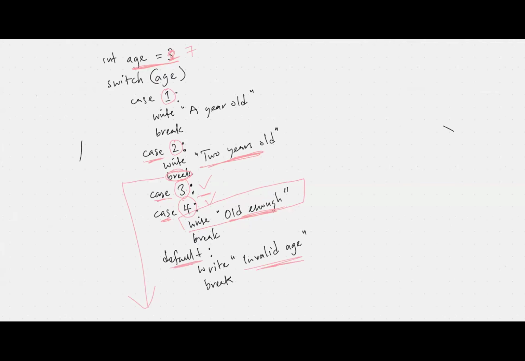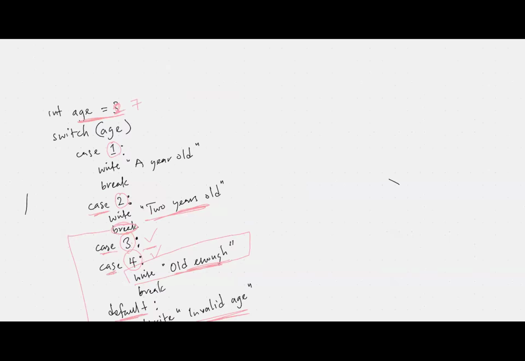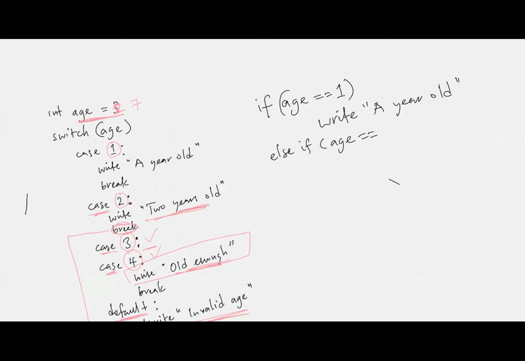Yes, sir. Okay, now writing this switch case statement is the same as writing an if statement, which is checking whether this is true, okay? So we write year old. Okay. Then you do else if, then you write age is equal 2. So you write 2 years old. Okay.